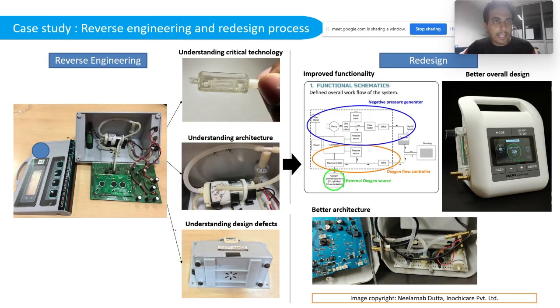Okay, so last is a case study of the reverse engineering and redesign process. I had a company called Chiker Private Limited, and along with my co-founder, we designed a medical product. As a part of the overall design process, for some of the phases of the product design, we used this reverse engineering and redesign process.